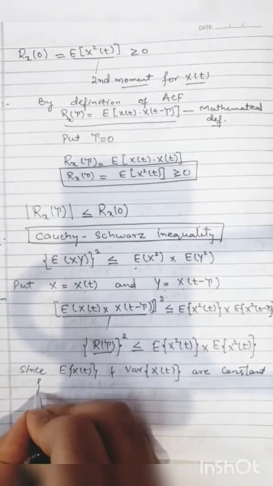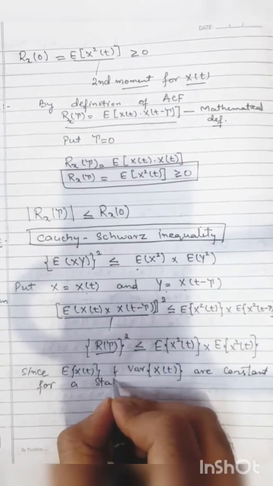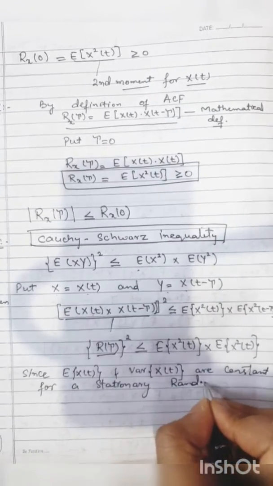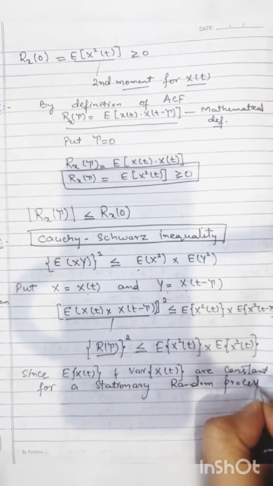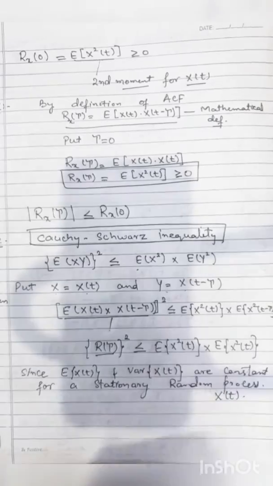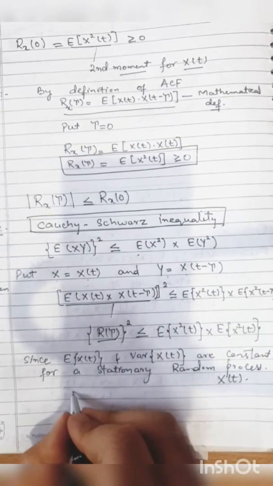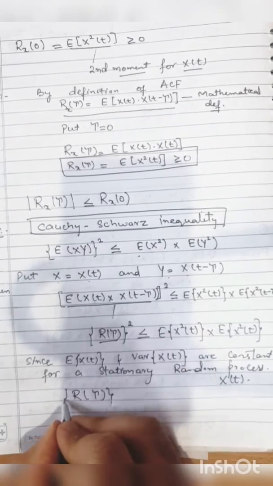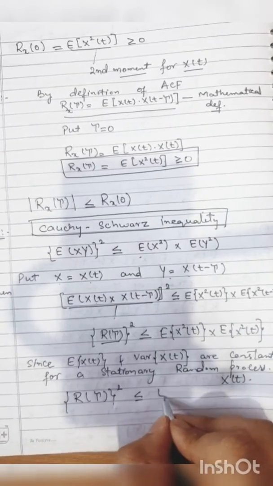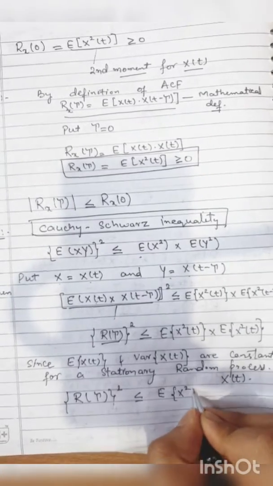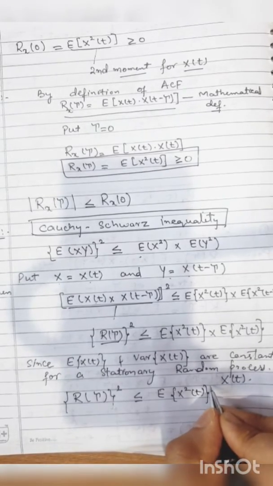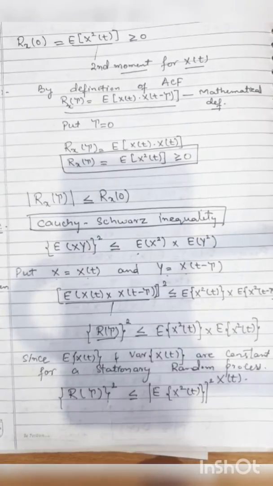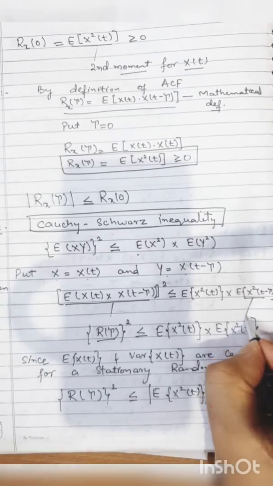They are constant for a stationary random process X(t). So I will write this like this: R(tau) whole squared is less than or equal to E[X squared(t)] whole squared. Why have I written this?